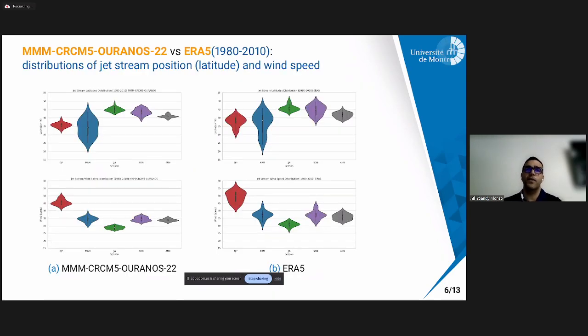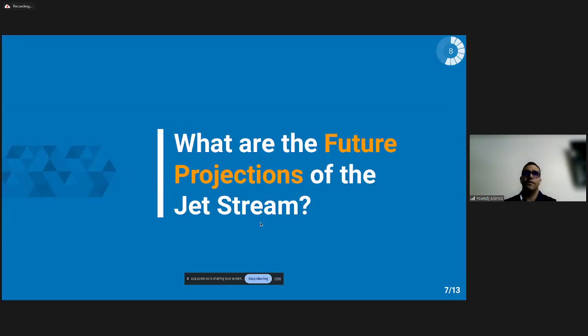Going a little bit deeper in the analysis, we constructed violin plots with the position of the jet stream in the top panels for the models in the historical period and for the ERA5 in the same historical period. And we can see that the representation in the different seasons is well correlated, as well as for the wind speed, the bottom panels.